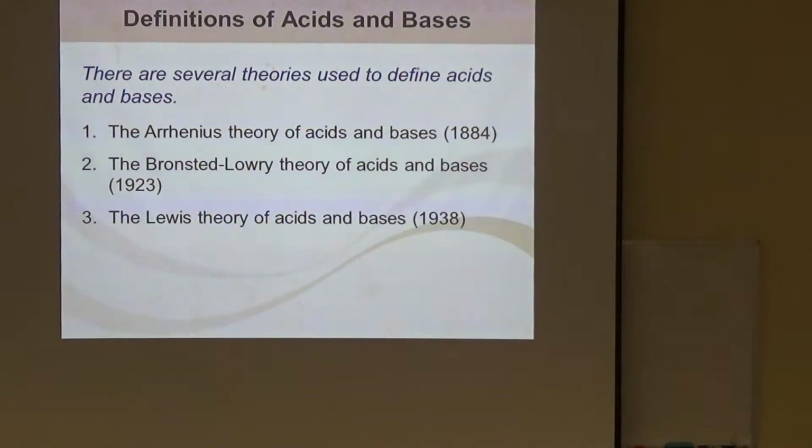There's the Bronsted-Lowry theory, which is again in terms of H+, and there is the Lewis theory of acids and bases, where it is in terms of electron pairs. It dispenses with the idea of H+. That's 1938. I think this Lewis is the same guy that did the Lewis diagram.